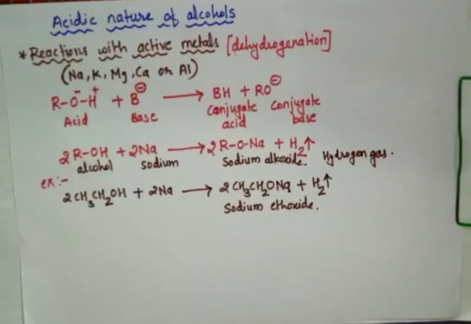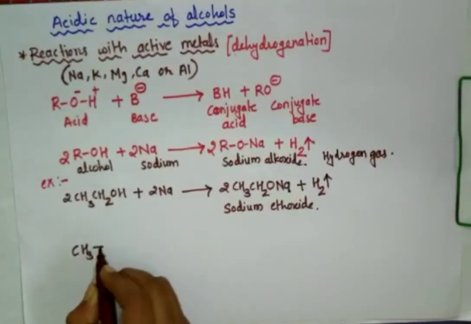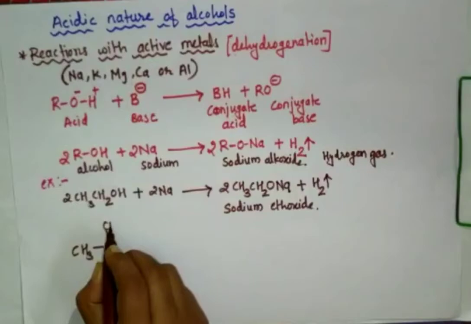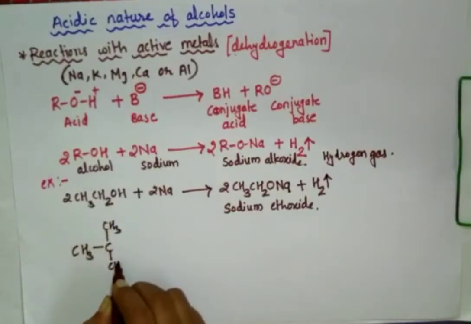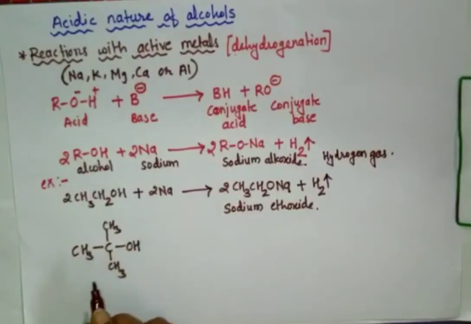If it reacts with aluminium, we know that when it forms a compound, aluminium will be in a +3 oxidation state. So here I am taking a tertiary alcohol, (CH3)3COH.